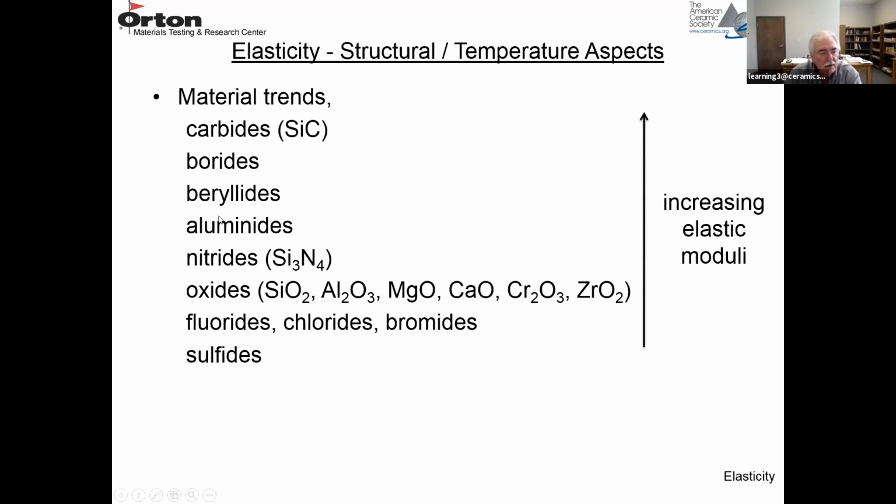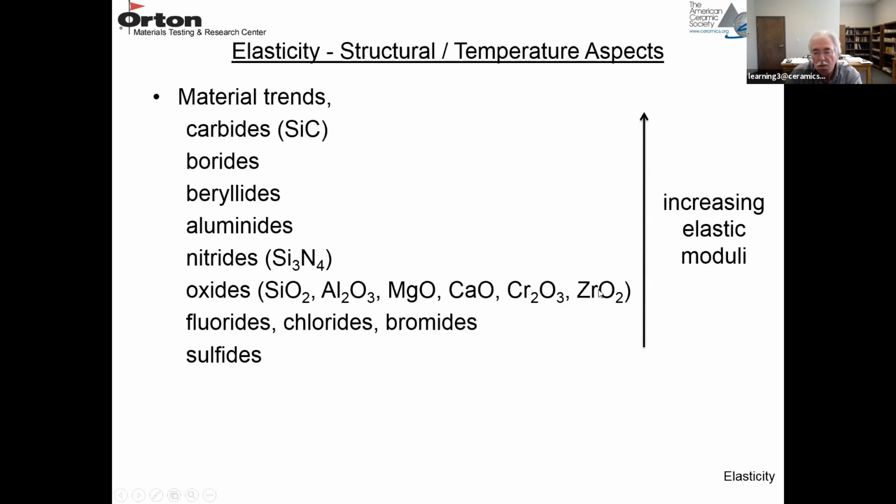I've listed here various materials, and going from bottom to top, we're going in the direction of increasing elastic moduli. So at the bottom are sulfides, fluorides, chlorides, and bromides. They have low elastic moduli. Oxides, and we mentioned these 6 oxides at the beginning of the introduction yesterday: SiO2, silica, Al2O3, alumina, MgO, magnesia, CaO, calcia, Cr2O3, chromia, and ZrO2, zirconia.